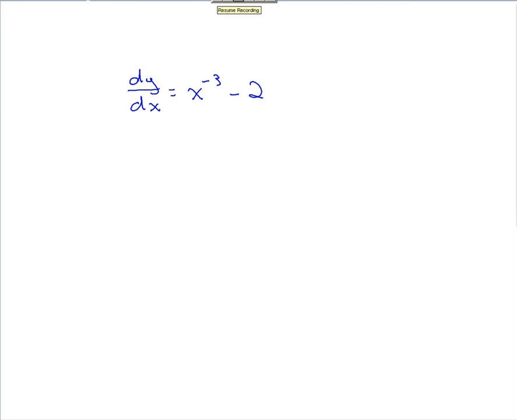So, need to take the antiderivative again. If we're more in line with our approach from before, we could swing the dx over. Say dy equals x to the negative 3rd minus 2, that quantity times dx. Got your x on one side, y's on the other.